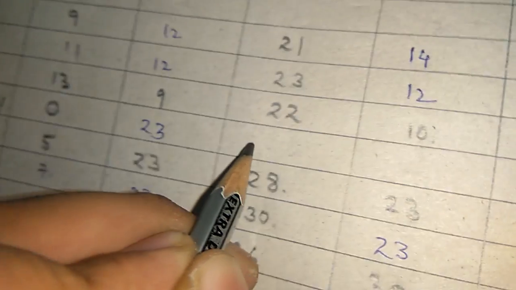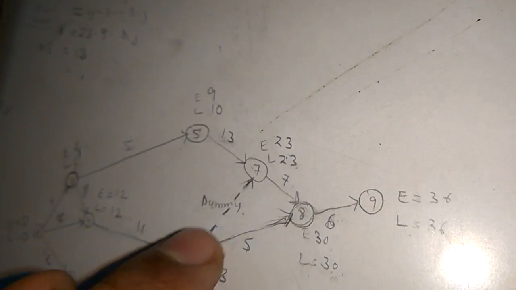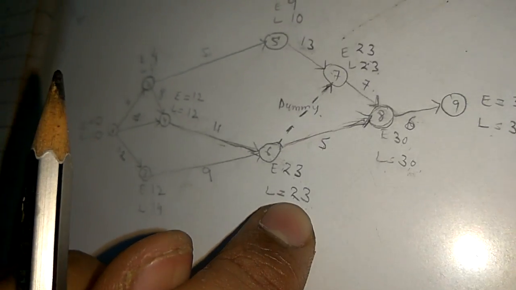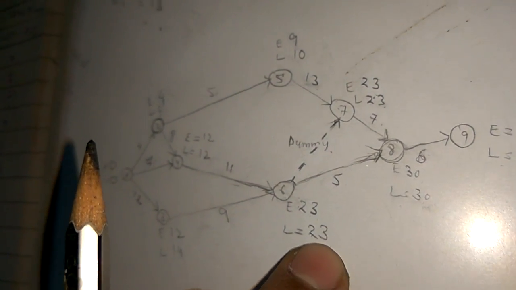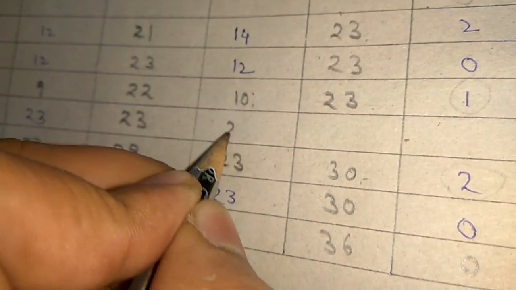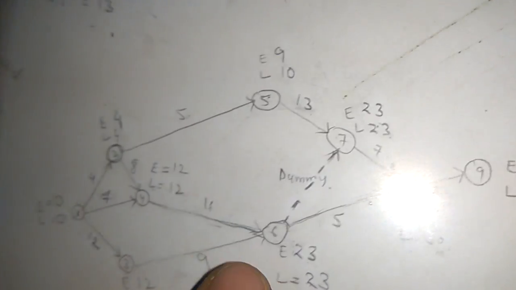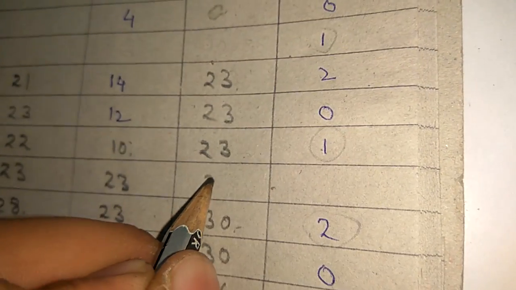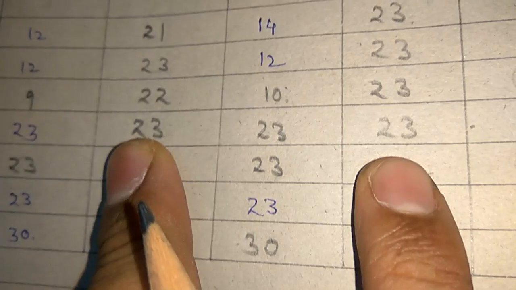So 0 plus 23, 23. Lj minus Dij, for the dummy between 6 to 7, Li is 23 and Lj is 23. Okay. And LST minus EST is 0.